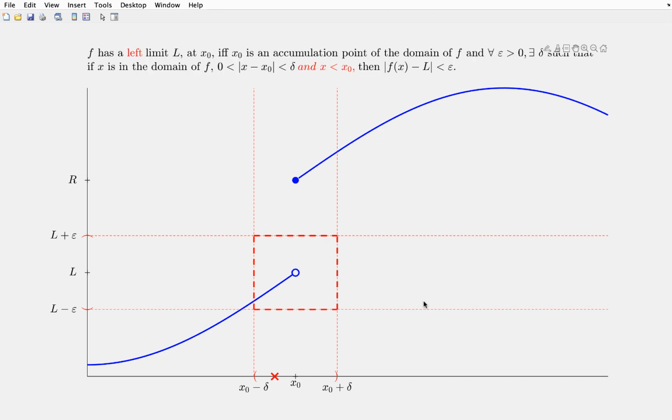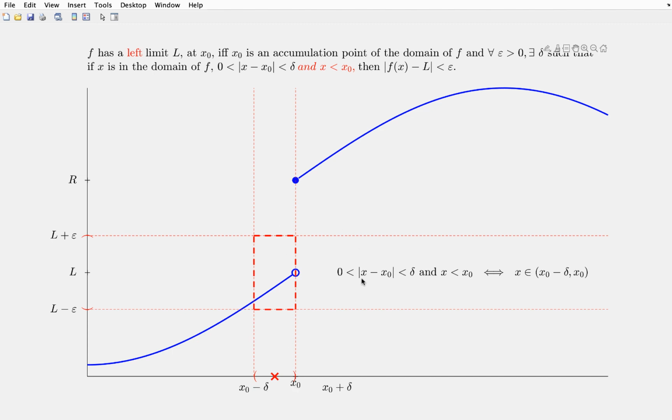Well, in that case, I have a left limit. And you'll notice that a left limit has exactly the same definition as a limit, but with the extra criteria that x is less than x naught. In other words, our epsilon delta box has a width that goes from x naught minus delta to x naught.